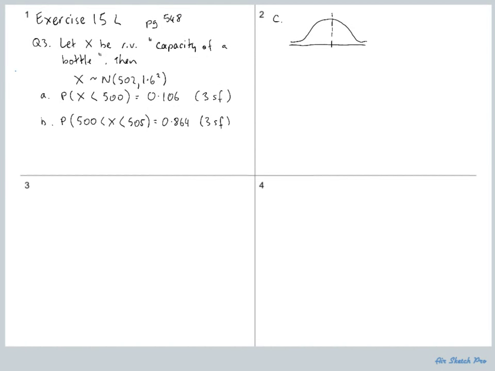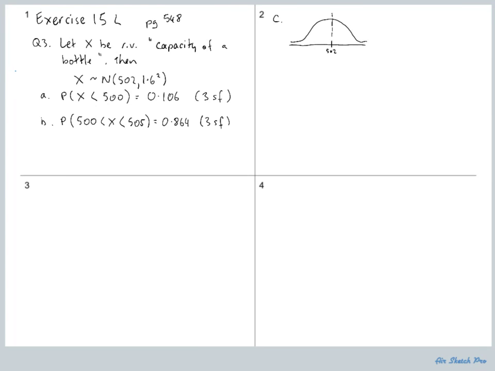there's the mean there, which is 502. Just double checking that from the information given. So there's the mean there with 502. We're told A and B are symmetrical about the mean. In other words, they're the same distance away from the mean as each other. That's okay. And it also says that it covers 95% of the bottles.